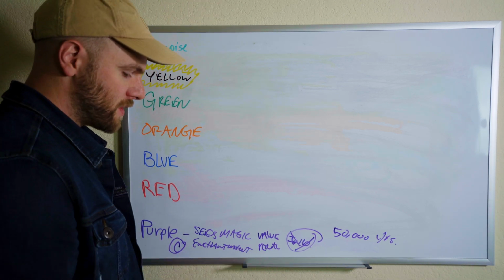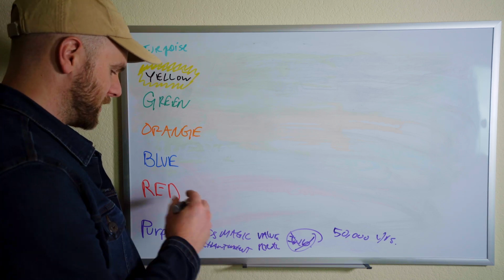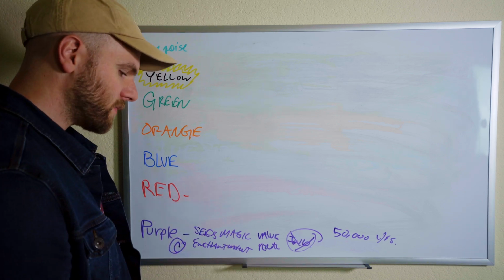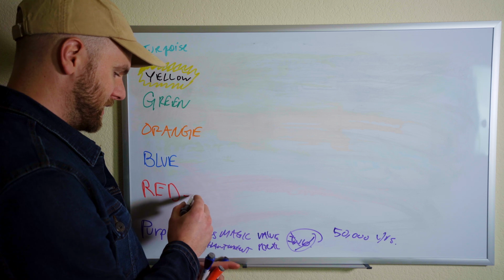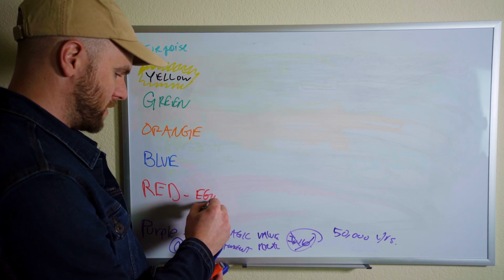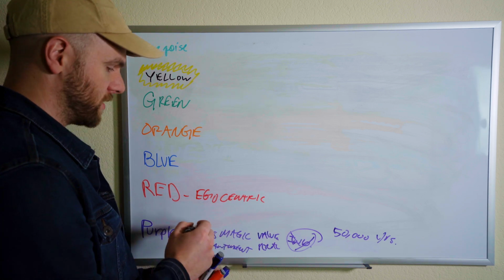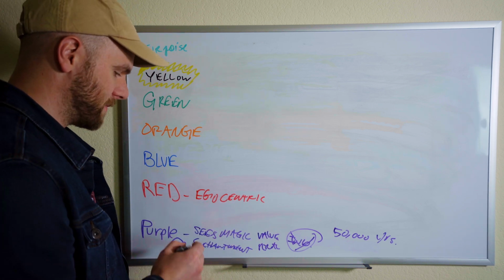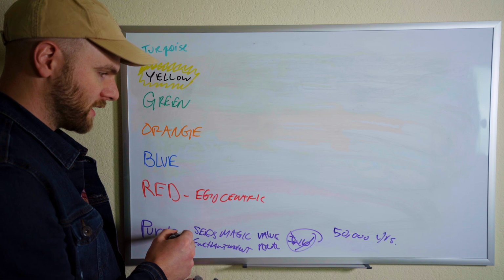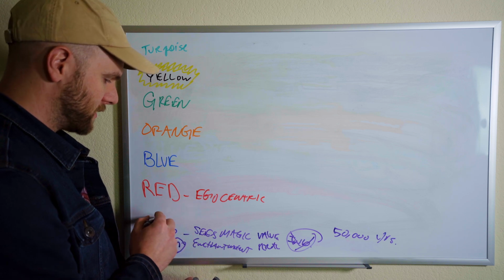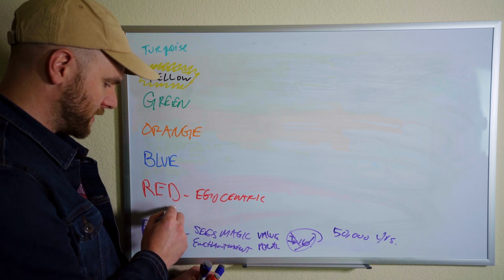After we move through this, we get up to red. So red is egocentric. It cannot see outside of its own ego and its own needs and its own self, right? So it's a step up from here, but this one is individualistic.